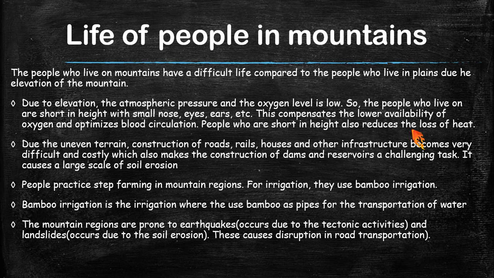This compensates for the lower availability of oxygen and optimizes blood circulation. Being short in height also reduces the loss of heat, and it's very useful in mountains because mountains experience really cold weather.